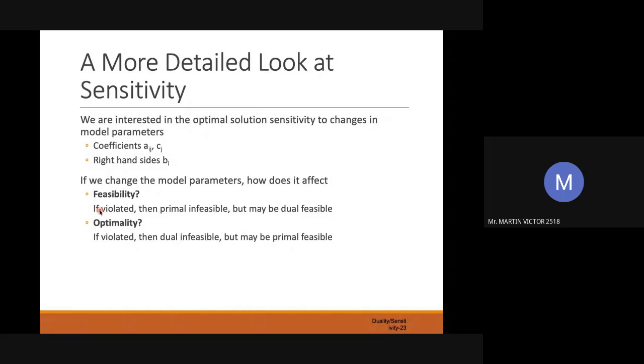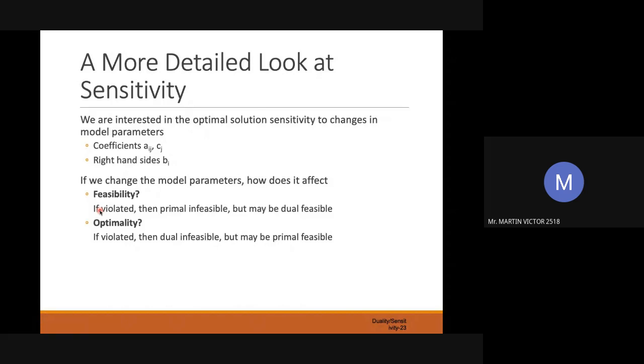Moving on, the general procedure for sensitivity analysis is, first of all, we have to revise the model, then calculate the changes to the original final table, then convert to the proper form using some Gaussian elimination. Then we make some tests, like the feasibility test and optimality test.